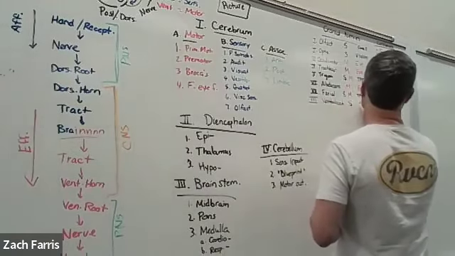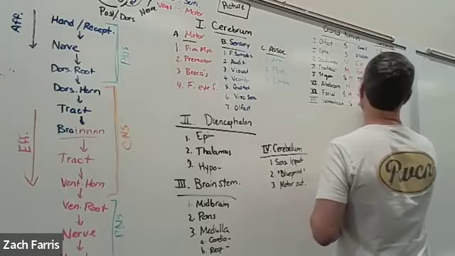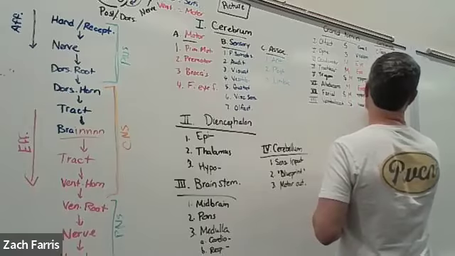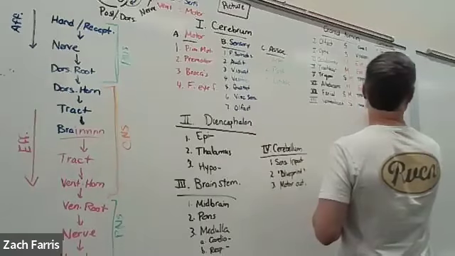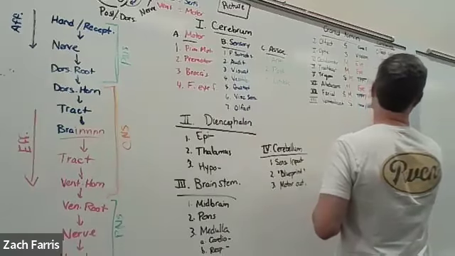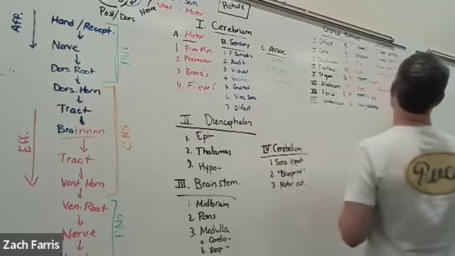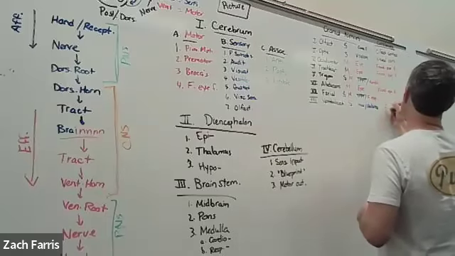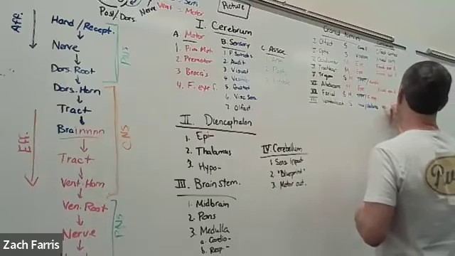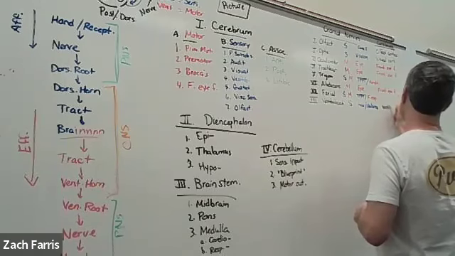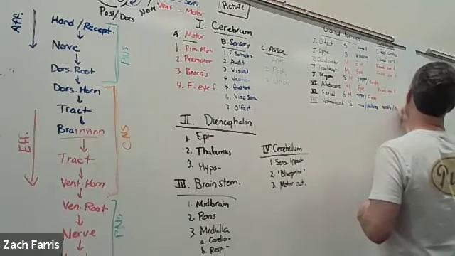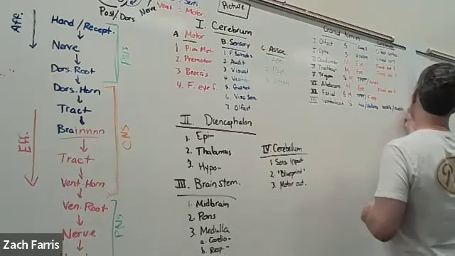What's it processing? Hearing and what? Balance. So, what 2 parts of the brain are we going to go to? Your vestibular cortex and your auditory area.